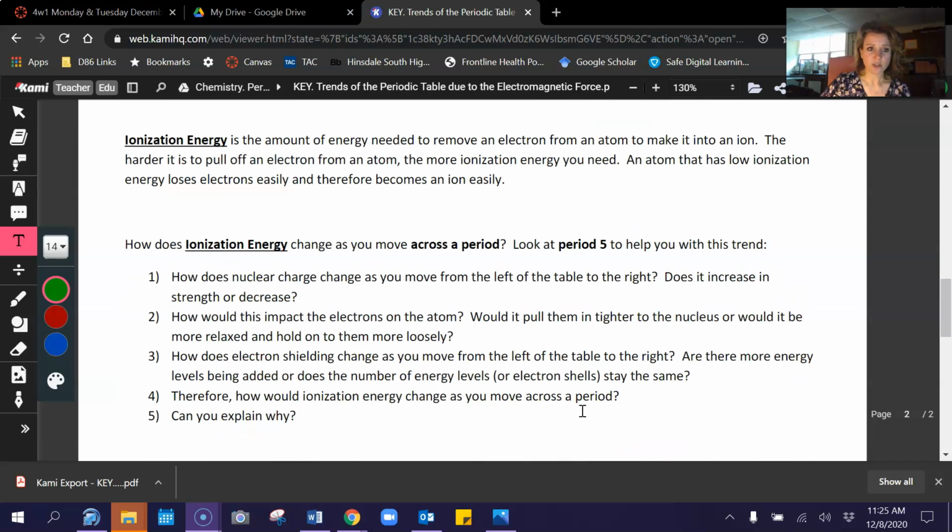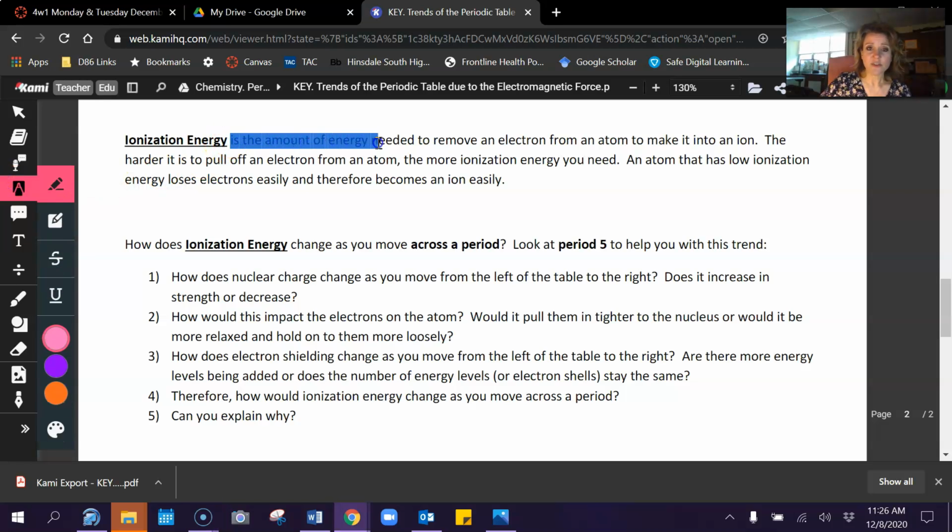Let's go on to our next trend, which is ionization energy. And look, I've got the definition here for you. Ionization energy is the amount of energy needed to remove an electron from an atom in order to make it into an ion. So if it's harder to pull the electron away, that means that you need more ionization energy.